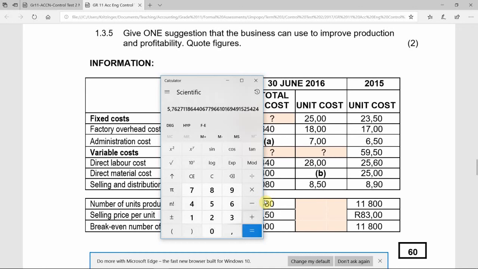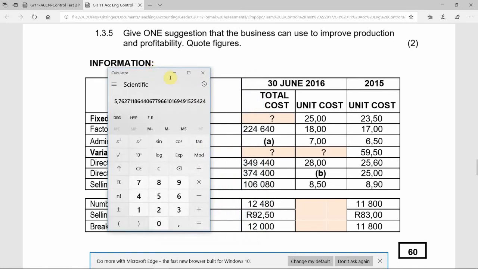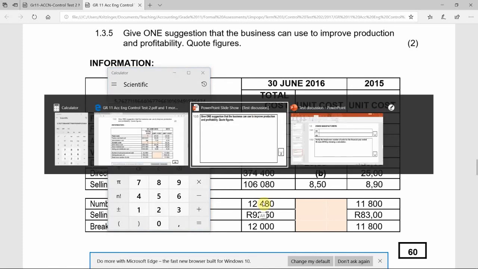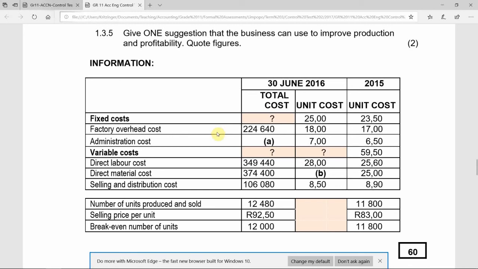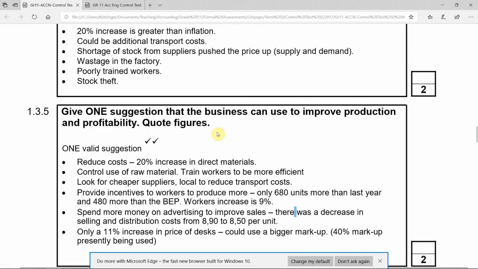Let's see what we get. 5.7%. Okay, so I'm not sure, I don't get that 9%. I get 5.7. But anyway, it's not a big increase.